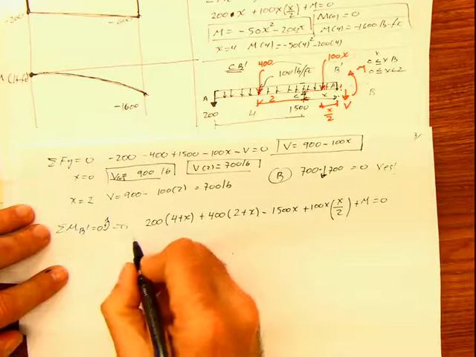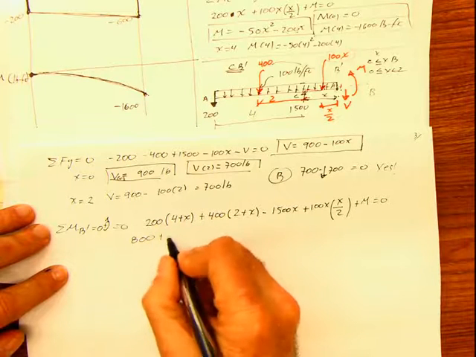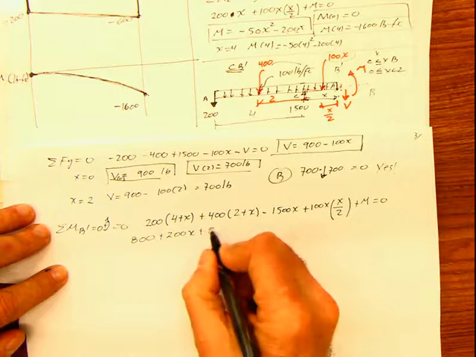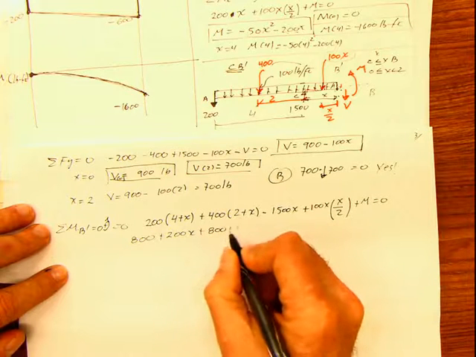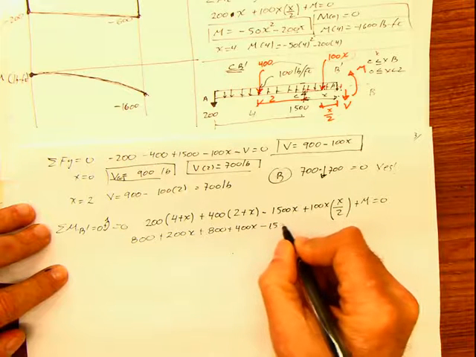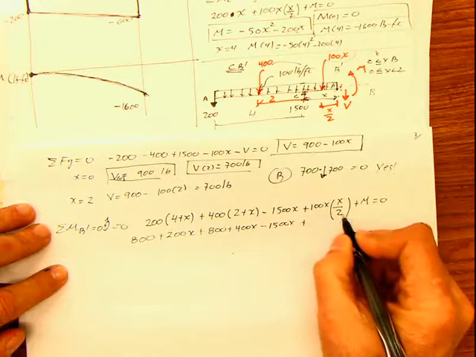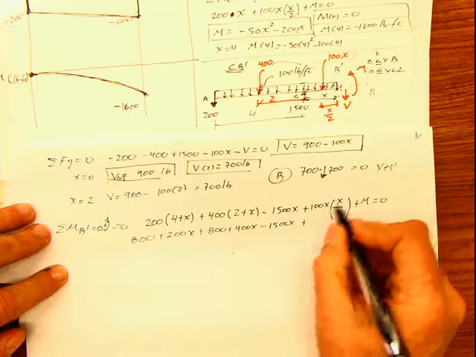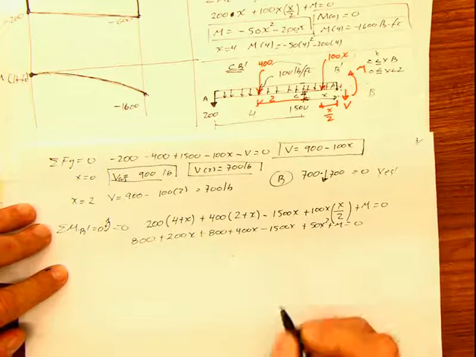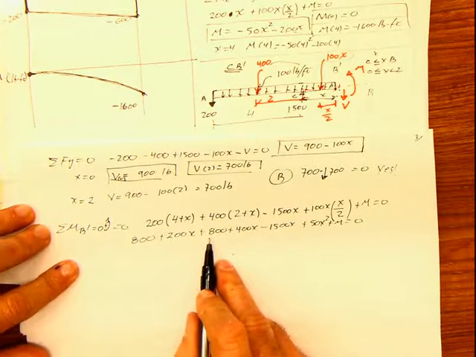And then we solve. 200 times 4 is 800. 200 times x is 200x. 800. 400x. Negative 1500x plus 100 divided by 2 is 50, x squared, plus M equals 0. 800 is 1600.